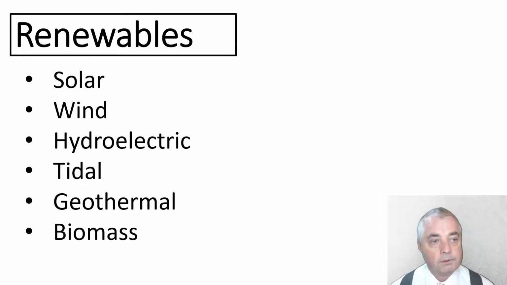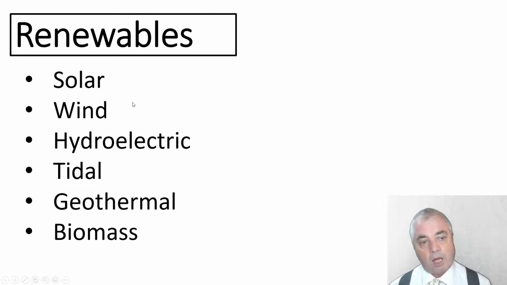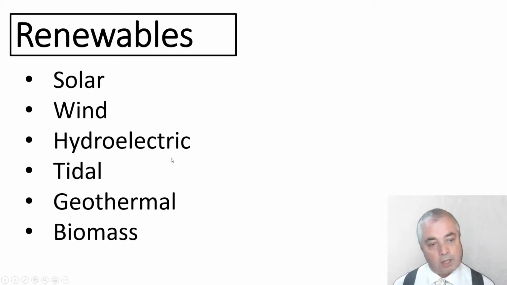So we've got these different types of renewables. I'm not going to go through these in detail because I'm going to cover them in a later video. But obviously we've got all these different things. So solar, we'll be getting energy from the sun. Wind energy, getting energy from moving air. Hydroelectric energy, where you build a dam and you trap some water.